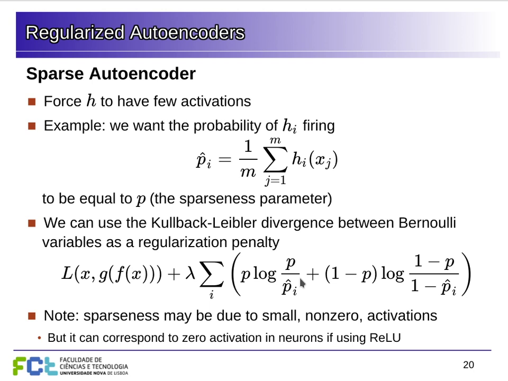But a sigmoid activation can only actually be 0 if we go all the way to minus infinity in the input. If we use something like rectified linear units, then we can actually have zeros in the hidden layer, and these may end up corresponding to neurons that are simply turned off, and we use only a few neurons at a time.